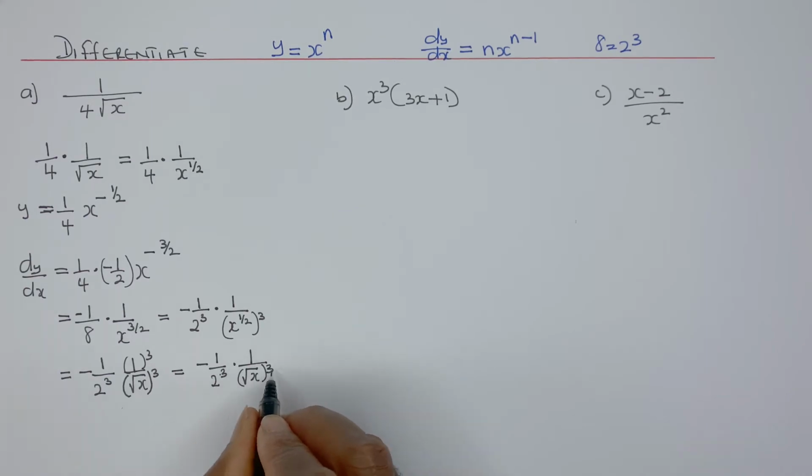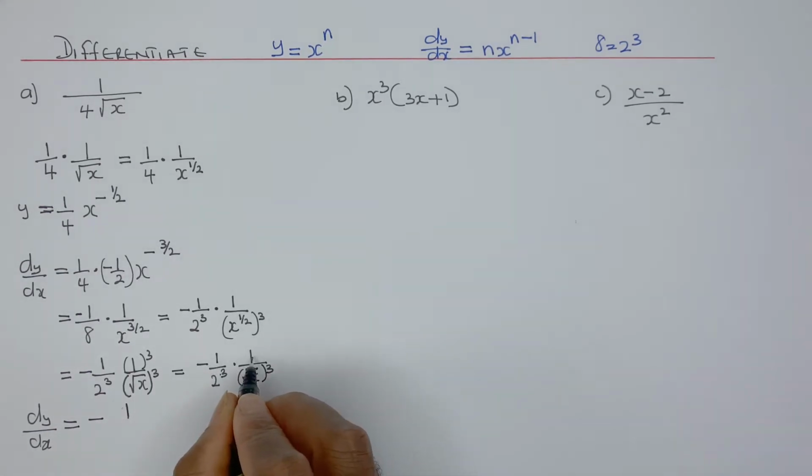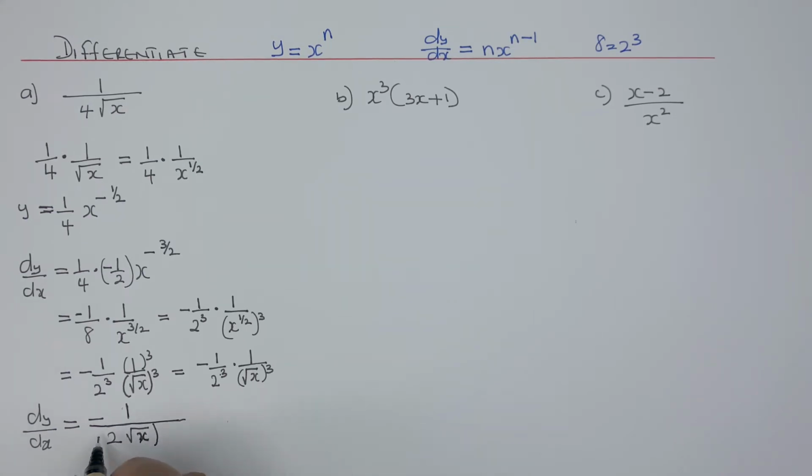Now, cube is common between these two. So I can take the cube out, and I can write my dy/dx will equal minus 1 times 1, which is minus 1, over 2 root x, all cubed.